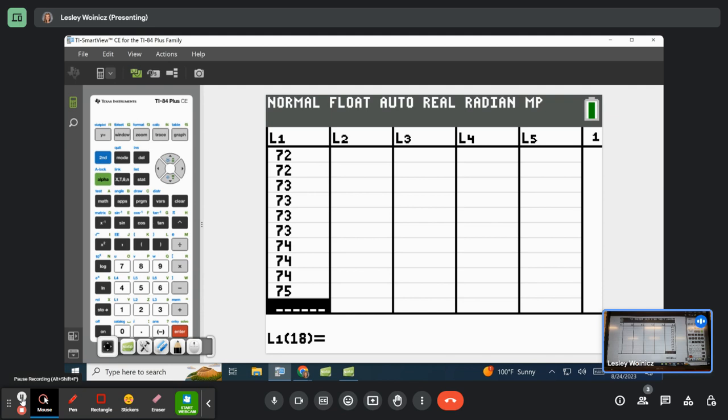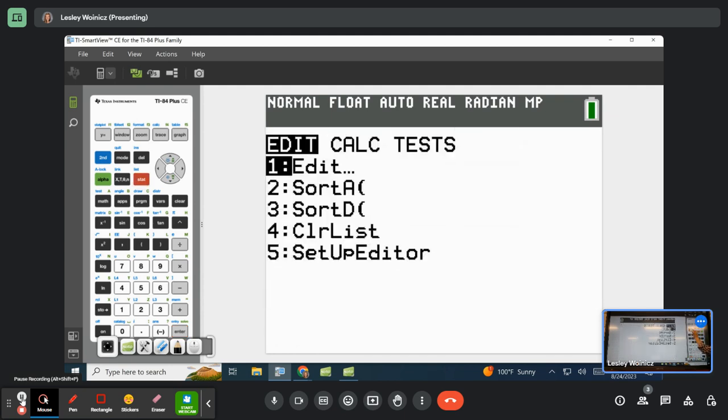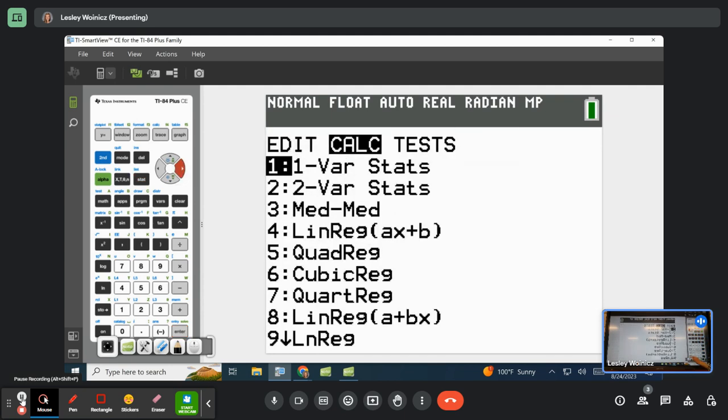Where can I find the mean, median, and mode? Yeah, in my one variable stats. Or I can make a box plot and check my quartiles and my 5-number summary from the box plot. But the fastest way is probably go to stat, calc, one variable stats.